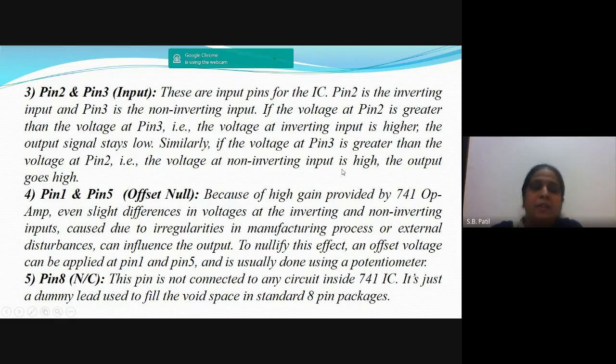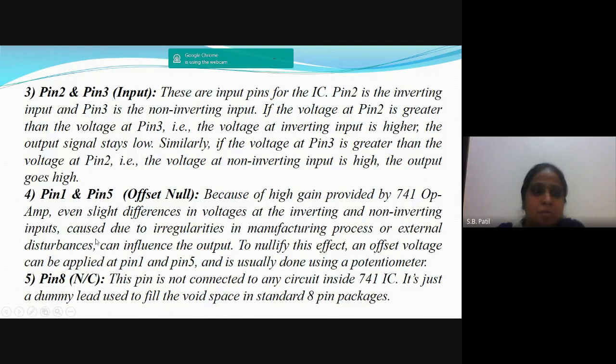So we can conclude that if the voltage at the inverting input is higher, the output is low, and if the voltage at the non-inverting input is higher, the output is high.